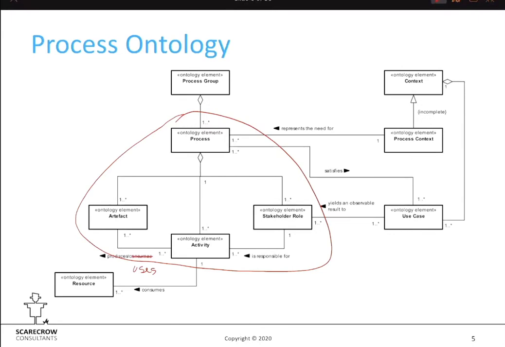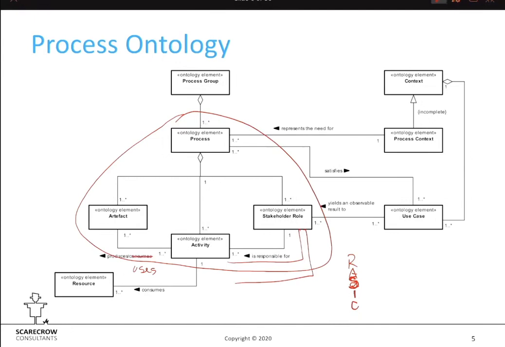But there are different kinds of responsibilities, and often when we do this for real on a real project, we actually add multiple relationships here, and we do something like a RACI or a RACIC matrix. So responsible, accountable, supporting, informed, and consulted.